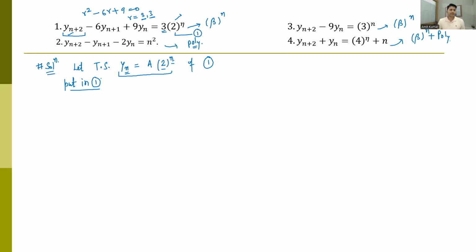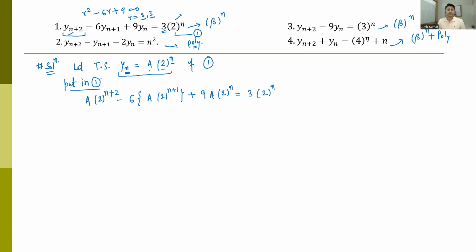The first term is a into 2 power n plus 2, minus 6 times y of n plus 1, where we put n plus 1, so this comes out as a times 2 power n plus 1. The last term is 9 times yn, as it is, so a into 2 power n. It equals 3 times 2 power n.